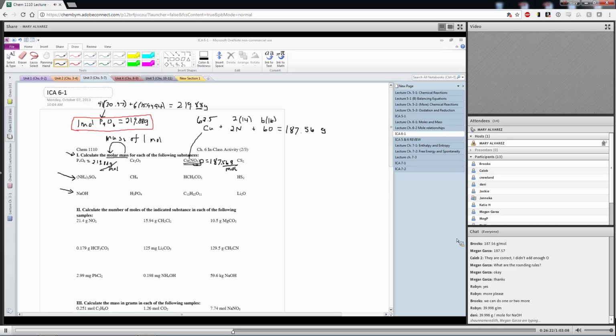Okay, Robin and Danny are agreeing on sodium hydroxide. That's good news. Excellent. 3 agreements for sodium hydroxide. Anybody else try ammonium sulfate?